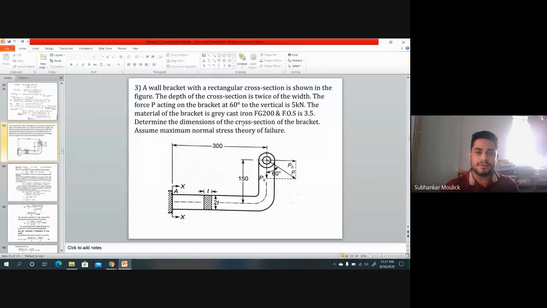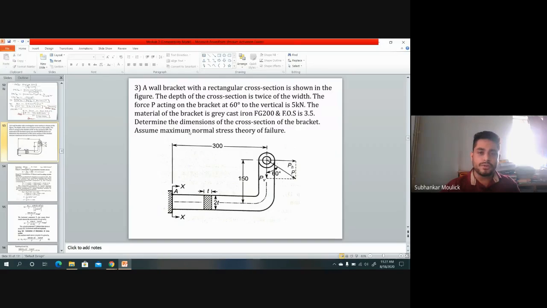The material of the bracket is grey cast iron FG200 and the factor of safety, FOS, is 3.5. Determine the dimensions of the cross section of the bracket. That means you need to find the value of width t and the depth, which is 2 times the width.